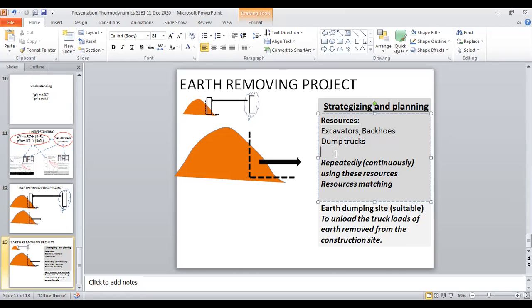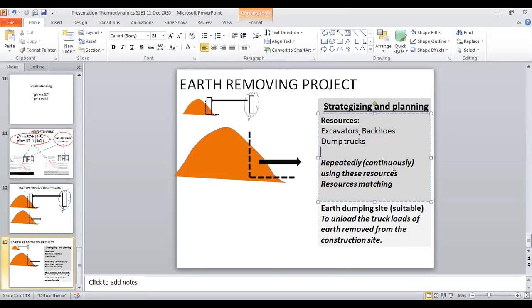And the dumping site, with proper space, should always be getting filled. And at the construction site, the earth is continuously getting removed. So there is a kind of steady operation. The steadiness is also important.